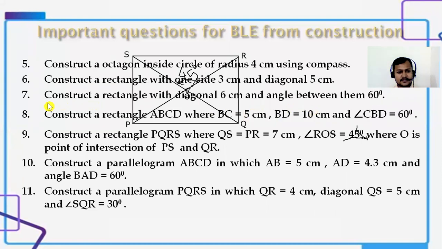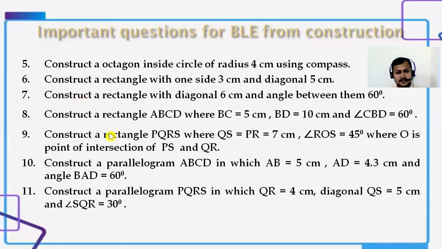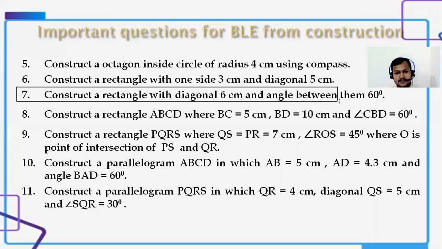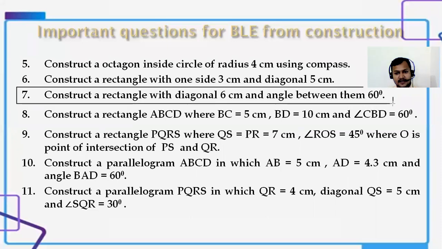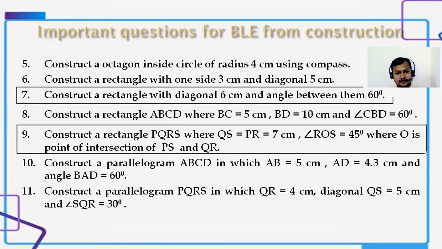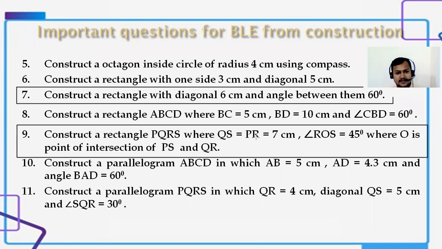This one, question number 7. Construct a rectangle with diagonal 6 centimeter and angle between them is 60 degree. And new question which I said just now, 9 number. Two sides are given, QS and PR.